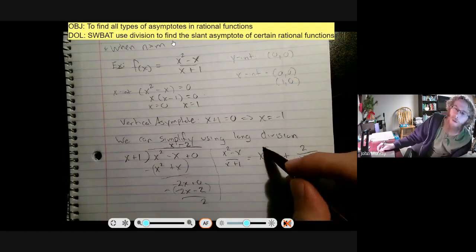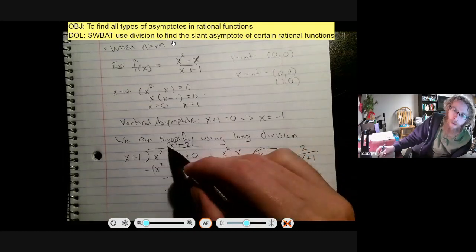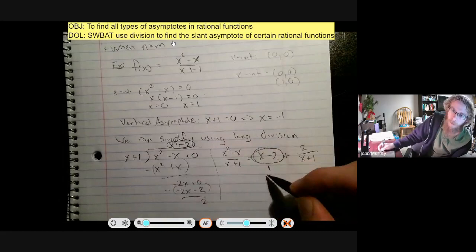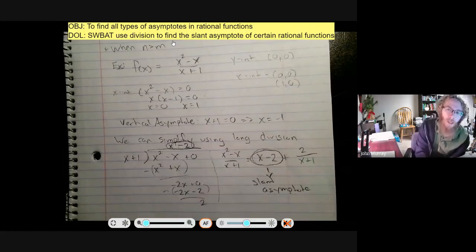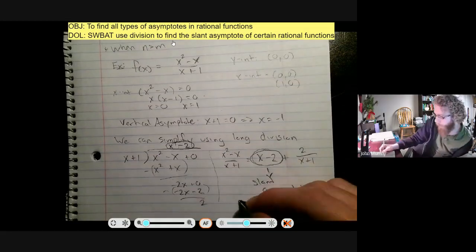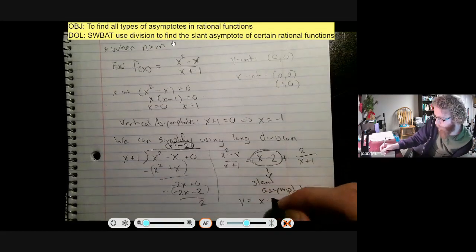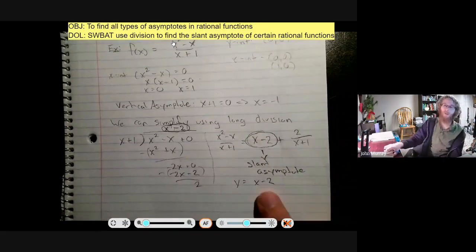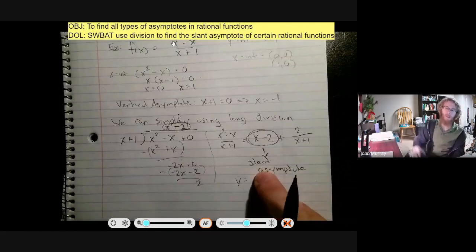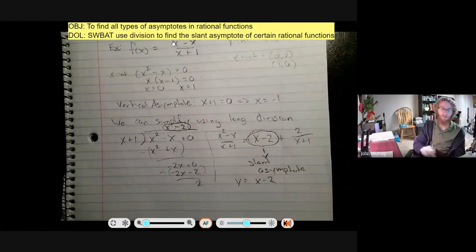Now here, whatever linear function you end up with becomes your slant asymptote. So your slant asymptote is a linear equation. We get the equation y equals x minus 2 as your slant asymptote.